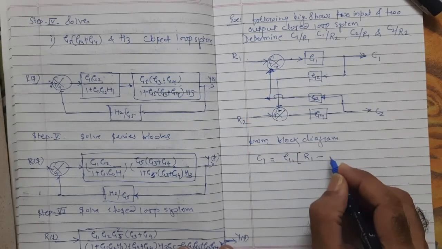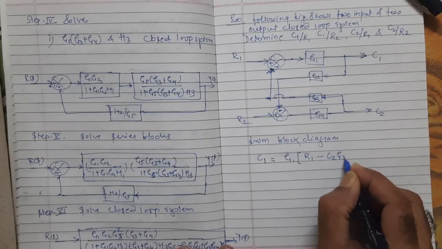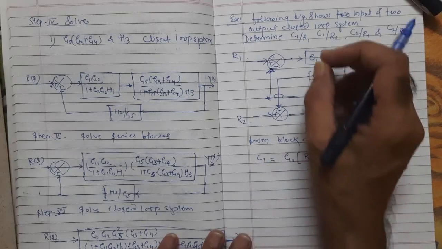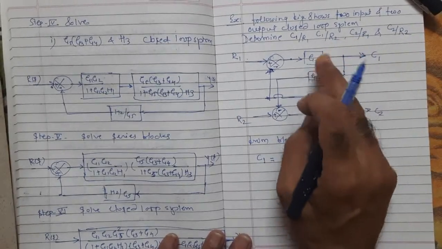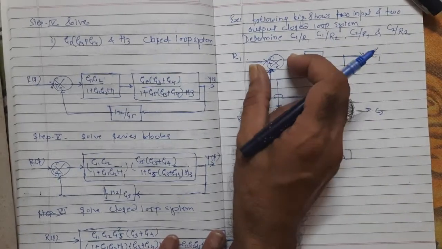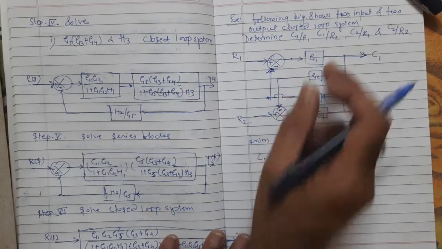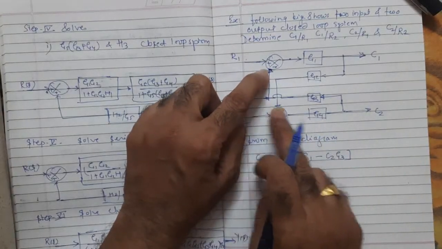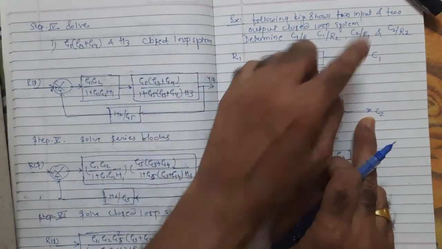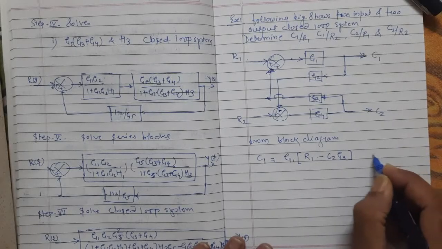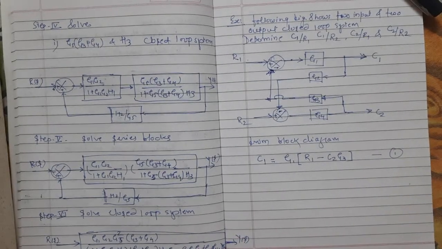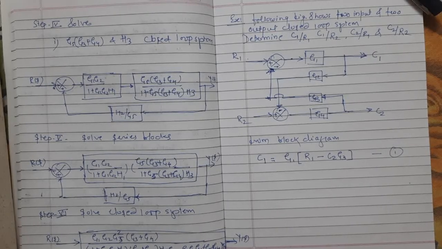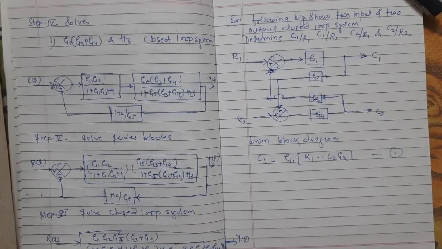So C1 equals the output of the G1, so the gain is G1 multiplied by the input to the G1, which is R1 minus G3 multiplied by C2. So let us say this is our first equation, C1 equals G1 in bracket R1 minus C2 into G3.